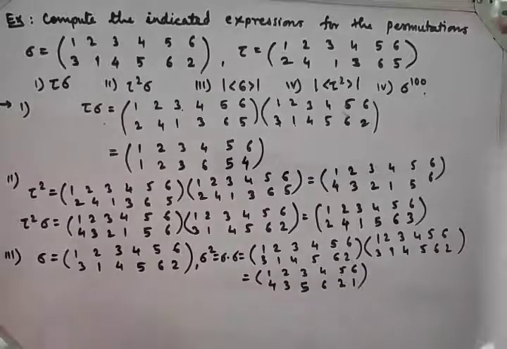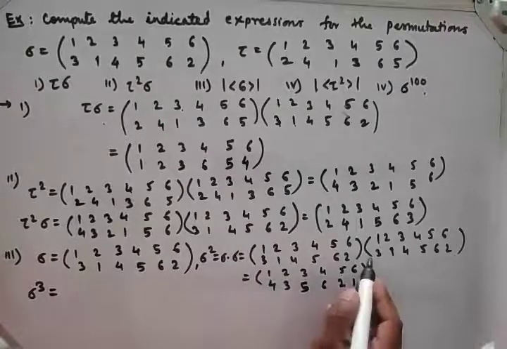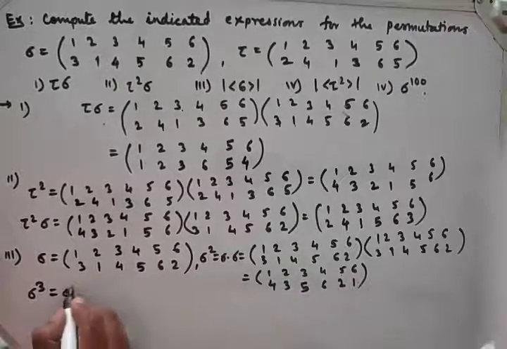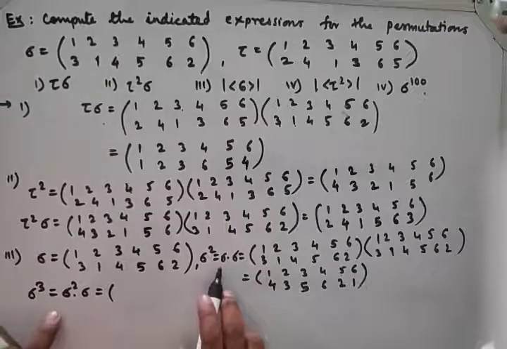Now again I will take sigma cube. Sigma cube is nothing but sigma square into sigma. So again this product: we have sigma square and this is sigma.